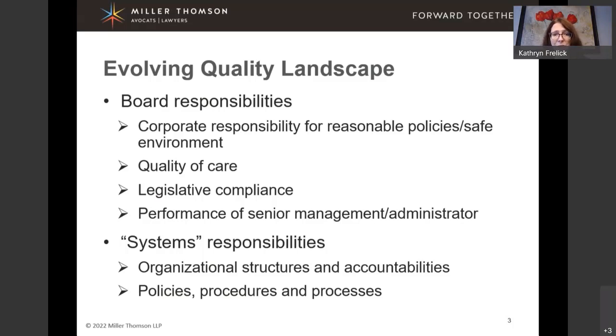And we really focus on what I call systems responsibilities. So systems are the policies and procedures and processes you have in place, or your organizational structures and accountabilities, and ensuring that while management is dealing with the day-to-day management of the organization, the board has a responsibility to ensure that there are systems in place that are appropriate.